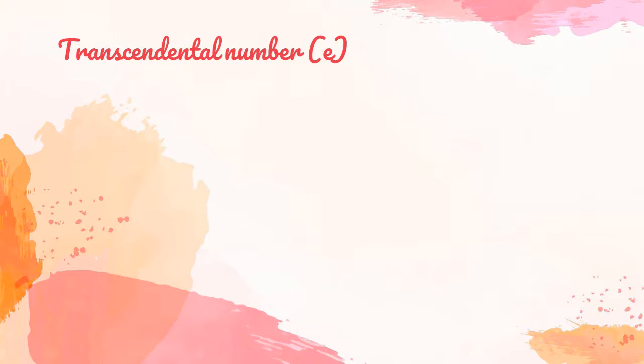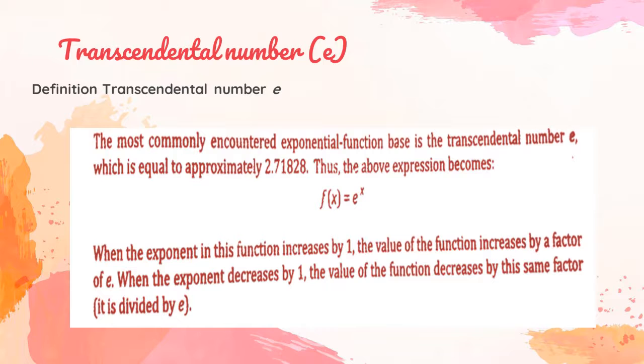Transcendental number, letter E. We have a simple definition of transcendental number E. The most commonly encountered exponential function base is the transcendental number E, which is equal to approximately 2.71828.